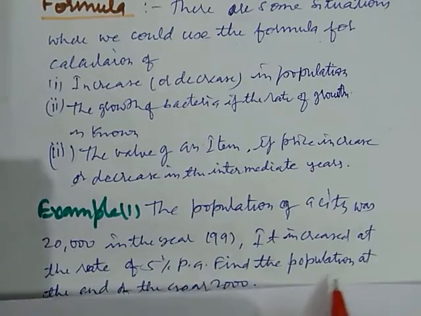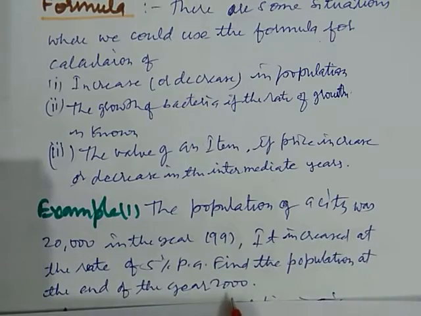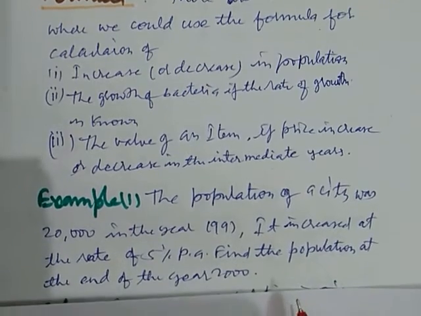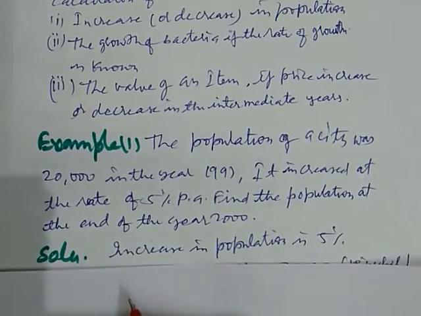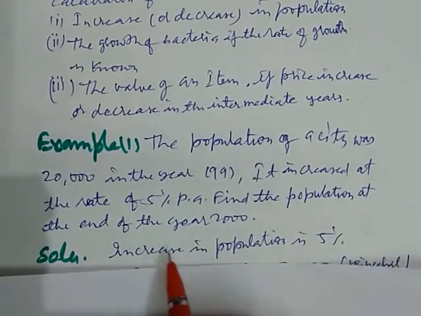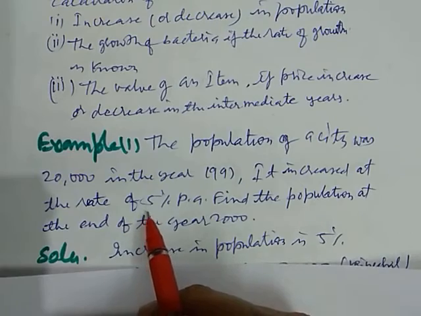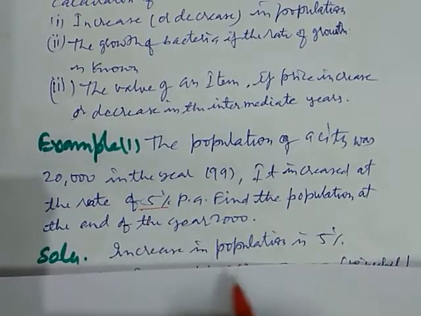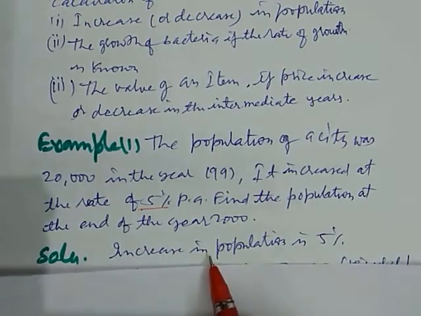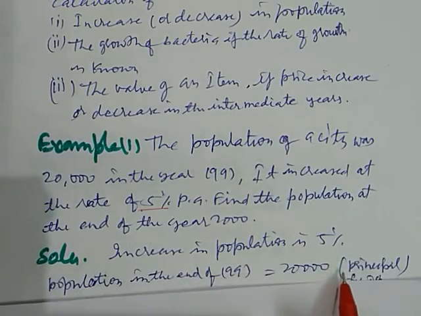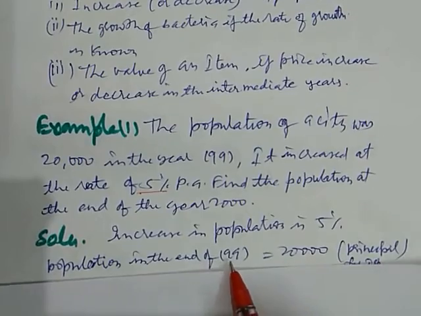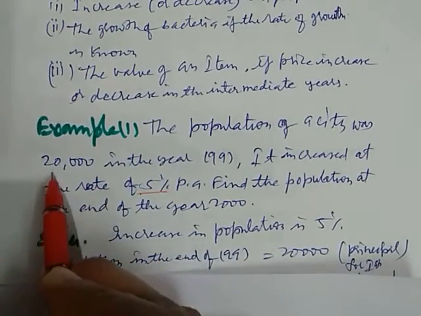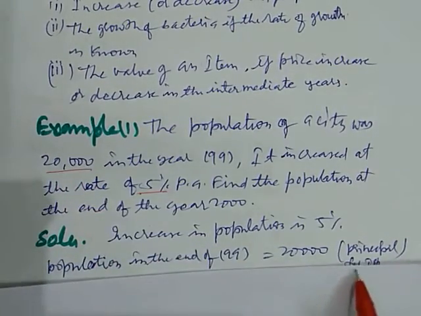Find the population at the end of the year 2000. Here we have been given the rate of increase, 5% annually. Population at the end of 1997 is 20,000. This is given to us.